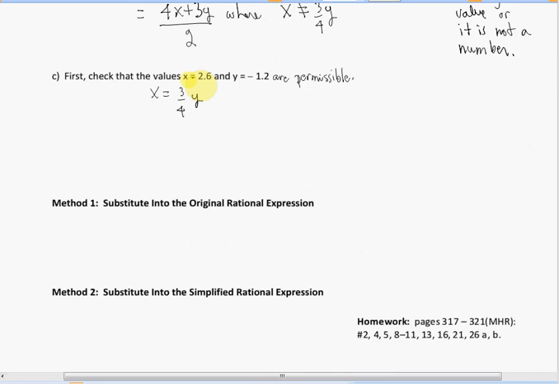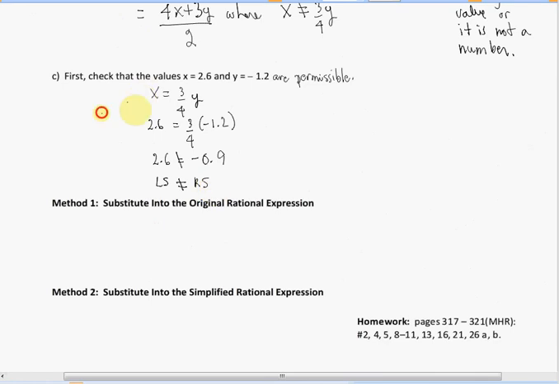So x is 2.6, and then plug in y is negative 1.2. And simplify the left and the right. So the left is already simplified. When I go 3 over 4 times negative 1.2, I get negative 0.9. Notice they're not equal to each other, so the left side does not equal the right side.